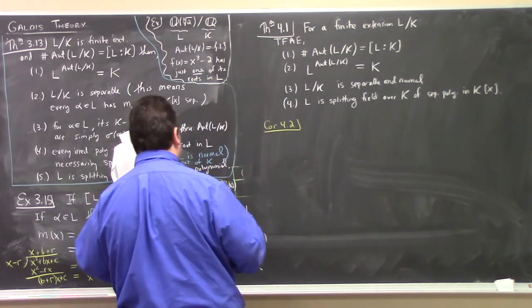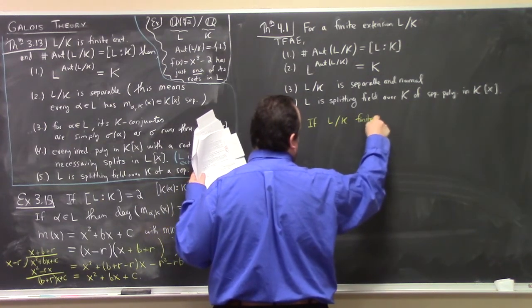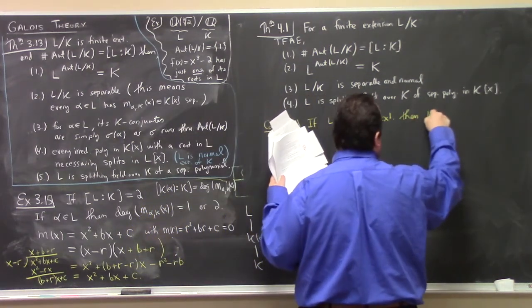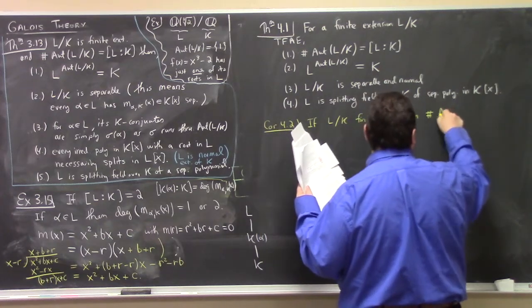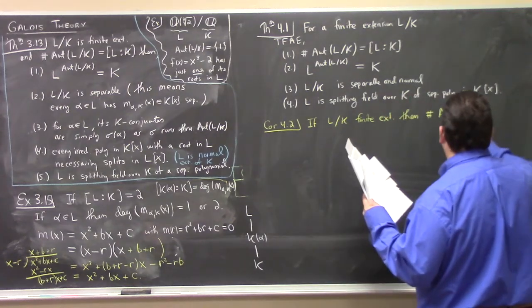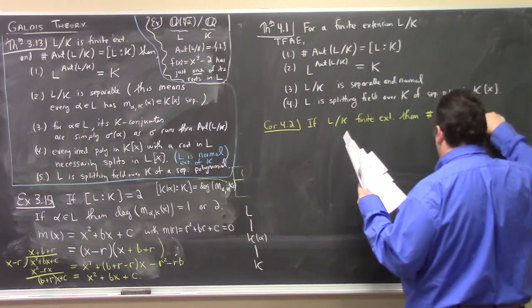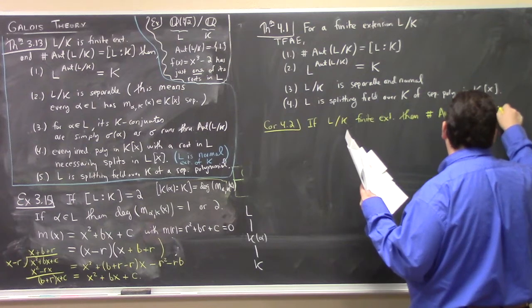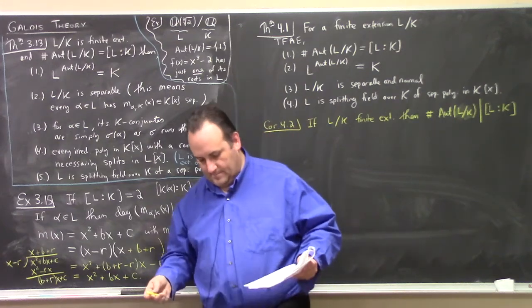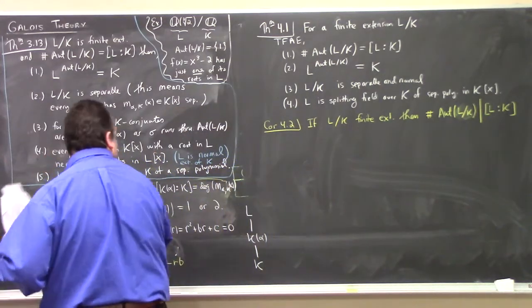If L over k is any finite extension, then the number of k-fixing automorphisms of L divides the degree of L over k. Proof?